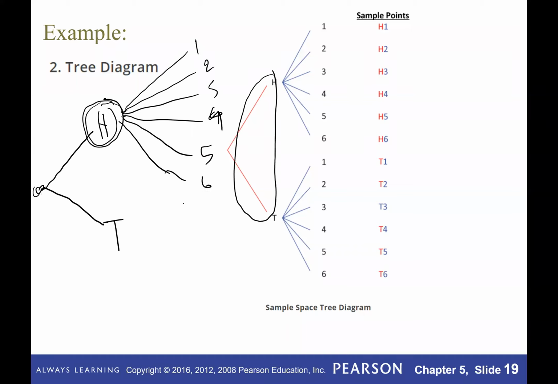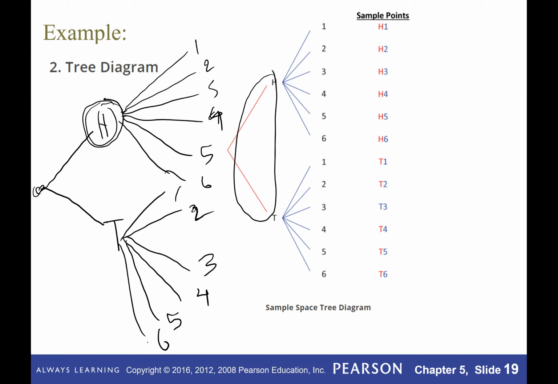And similarly, if we consider that the first outcome from flipping a coin is tail, then in this case we'll also have 6 outcomes here, right? 1, 2, 3, 4, 5, 6.